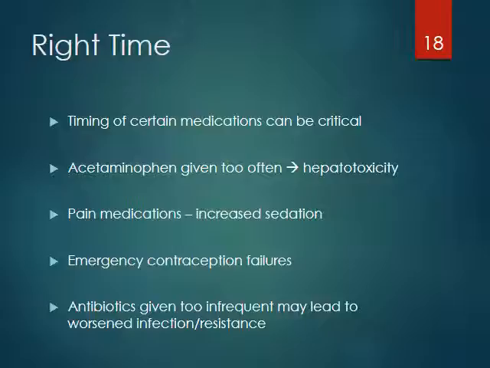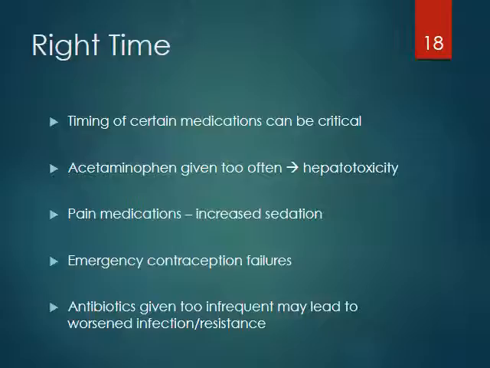Certainly, if something like contraception is not taken appropriately, like emergency contraception such as Plan B, and it's not taken within an appropriate amount of time after unprotected intercourse, that could lead to failure of therapy, and you may potentially have a pregnancy on your hands. And antibiotics are very time critical.